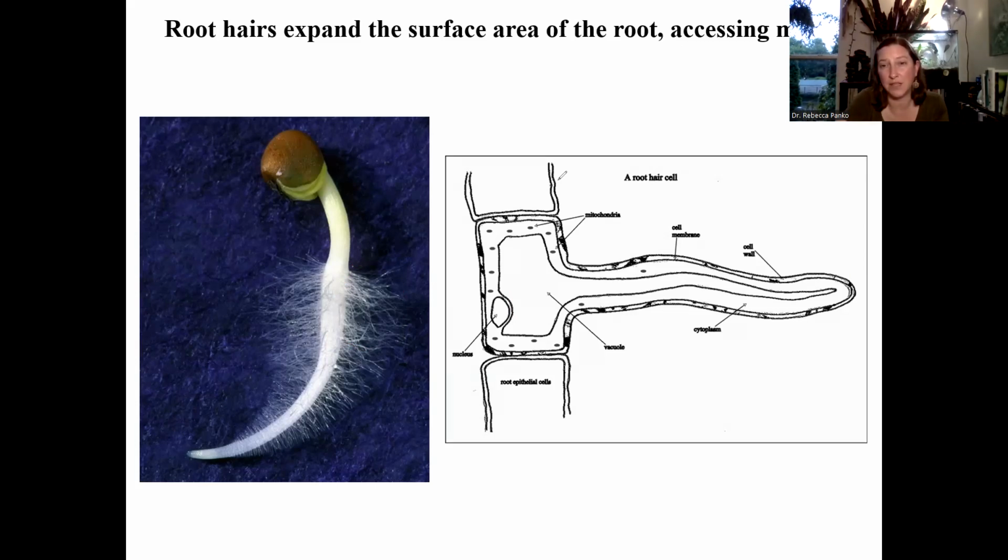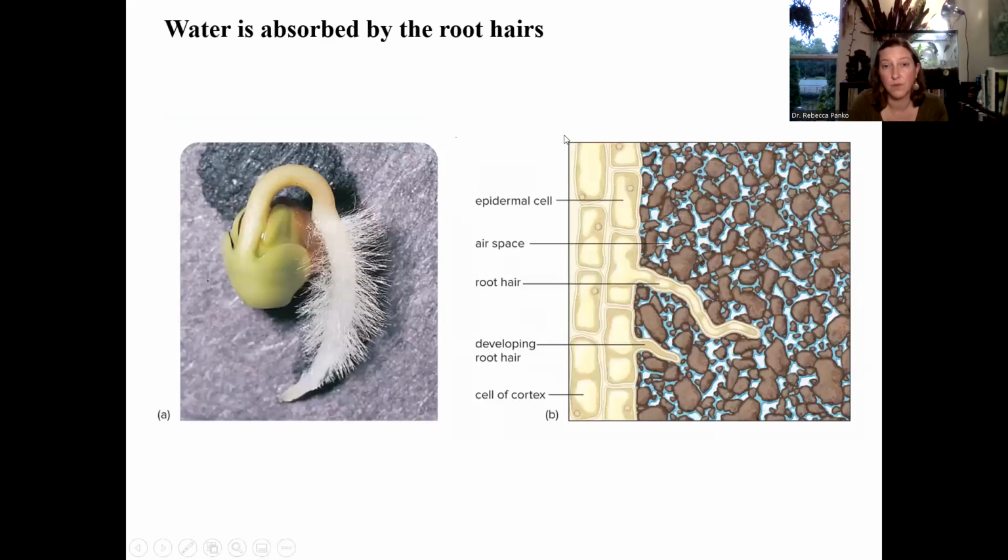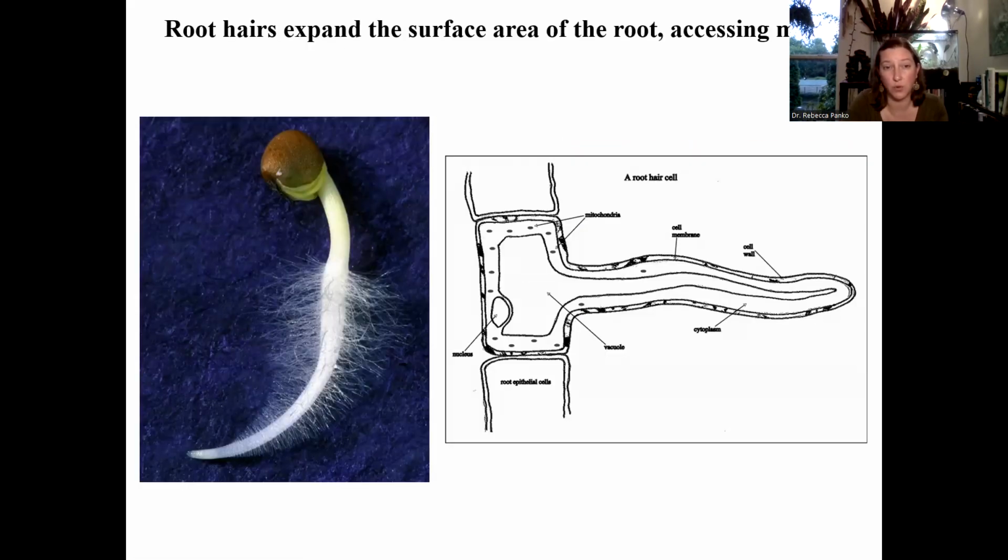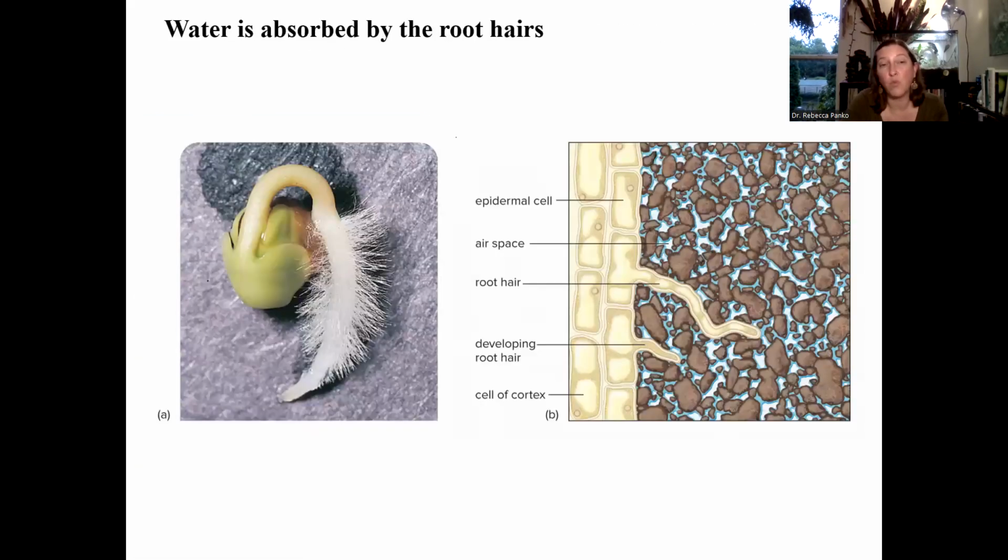And that allows the plant to access more soil and therefore get more water. They expand the surface area of the root. And water is absorbed by the root hair. So that's what I was trying to show with my little dance a second ago. That's what I was trying to show you here. So here is the epidermal layer of this root.